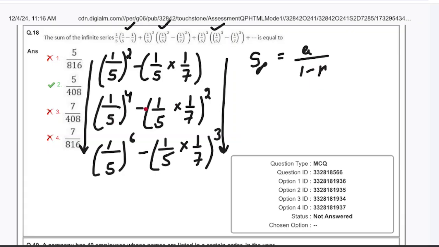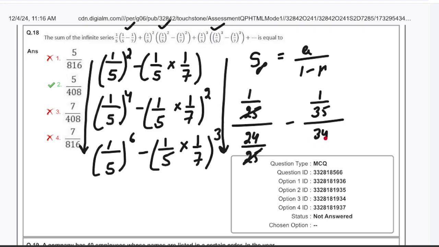For the left hand side we get A as 1 by 5 square, which is 1 by 25, divided by 1 minus R, that is 1 minus 1 by 25, which is 24 by 25. For the right hand side, we get 1 by 5 into 1 by 7, that is 1 by 35, divided by 1 minus 1 by 35, which is 34 by 35.